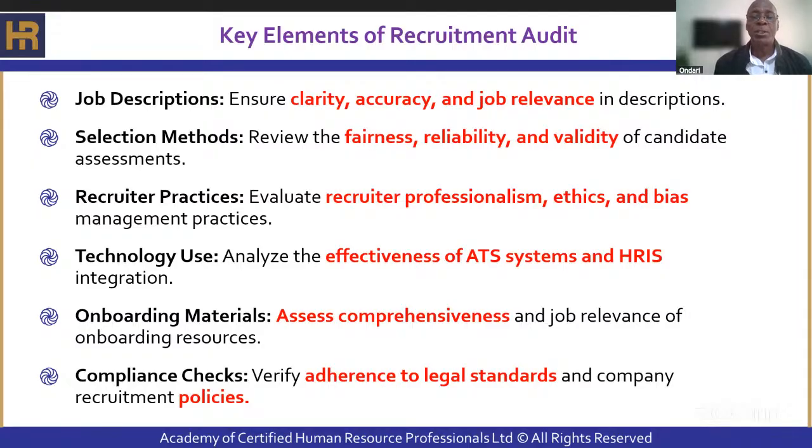And two, relevance means that it helps to achieve an objective or satisfy a need. Job descriptions must satisfy the needs of the organization, that is, producing results that help the organization to achieve its objectives.